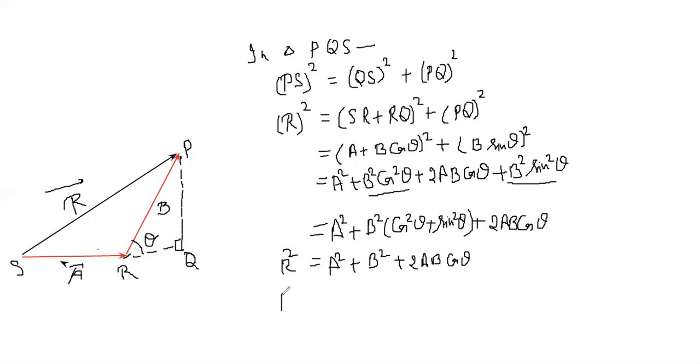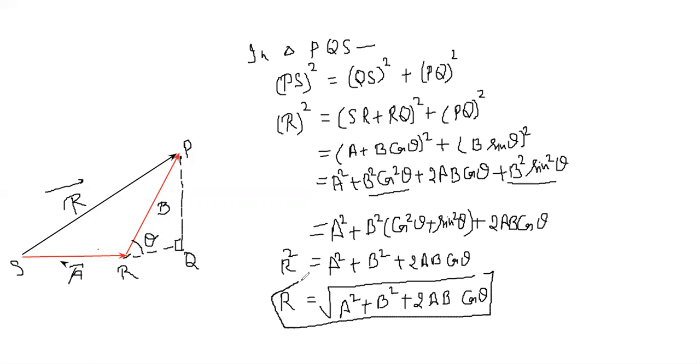Taking the square root, we get R equal to under root A square plus B square plus 2AB cos theta. So this formula is clear to all of you.